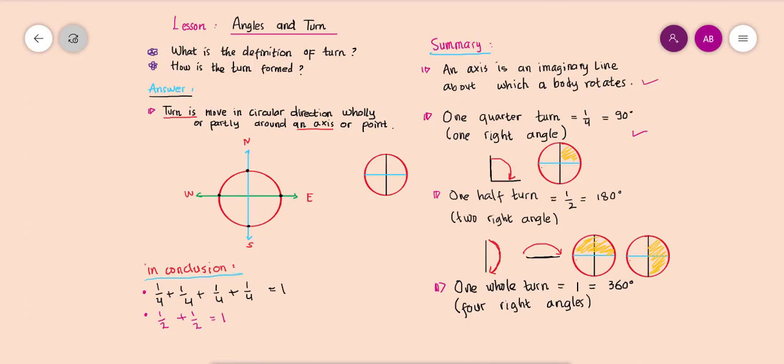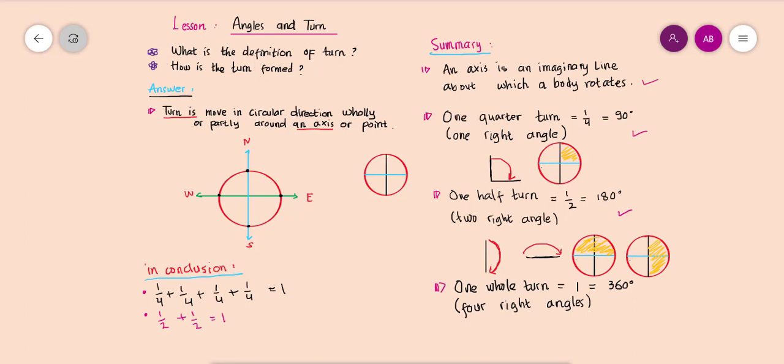You have to note this. Okay, and also a 1/2 turn is equal to 1/2 and equal to 180 degrees, which is 2 right angles. And a 1 whole turn is equal to 1 and equal to 360 degrees or 4 right angles.